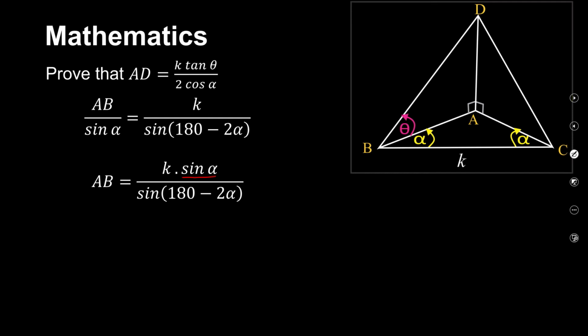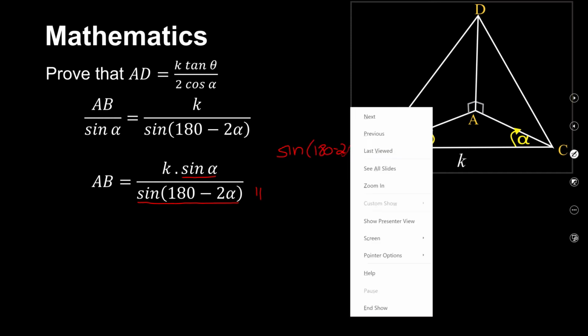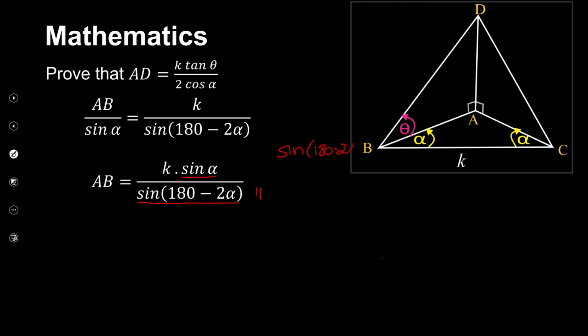Now, this again becomes a reduction. This is again second quadrant, and we know we can simplify sine of 180 minus 2 alpha. Because this is second quadrant, sine is positive, so it's just going to equal sine of 2 alpha.